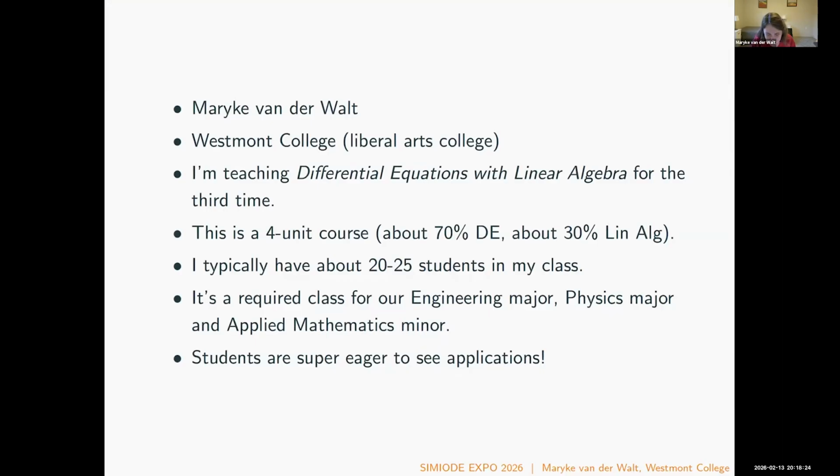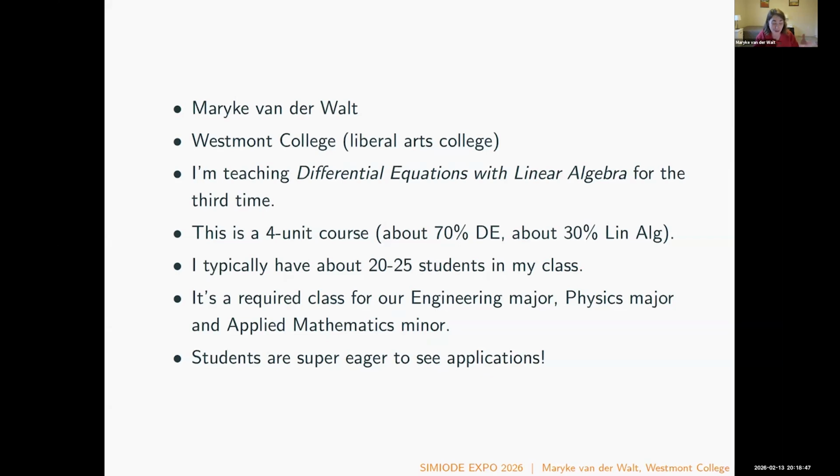So I'm Maryke van der Walt. I'm at Westmont College, a 4-year liberal arts college in Santa Barbara, California. I'm teaching differential equations with linear algebra for the third time. It's a 4-unit course, but we do about 70% differential equations and about 30% linear algebra.